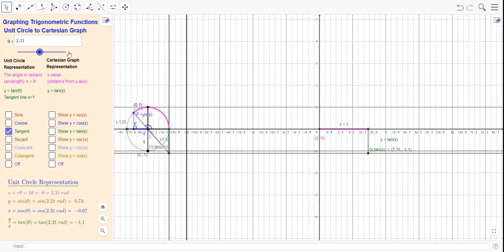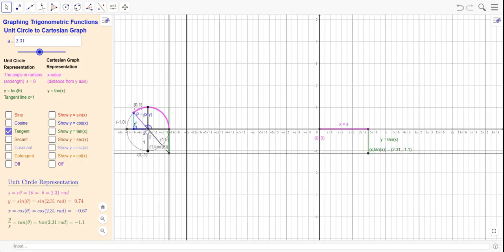Okay, what about in this quadrant? Well, the ray won't actually meet this line, but take the line containing the origin and that terminal point. So see where it hits down here, and we take that y value and bring it across. Again, this y over 1 will be the tangent of that angle.